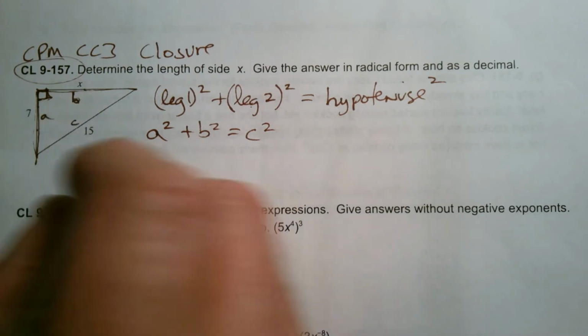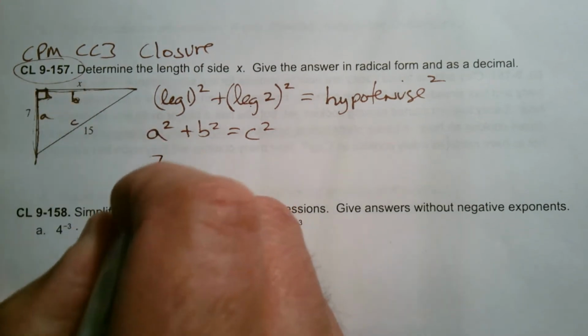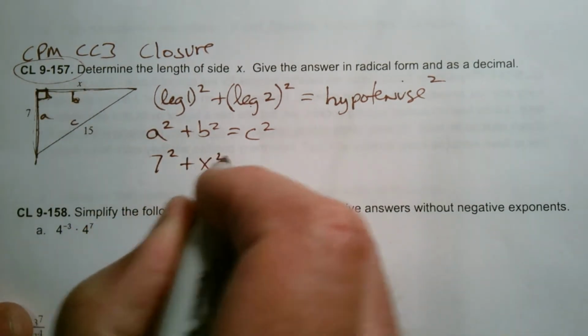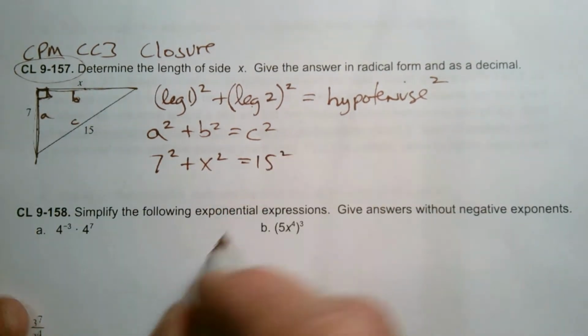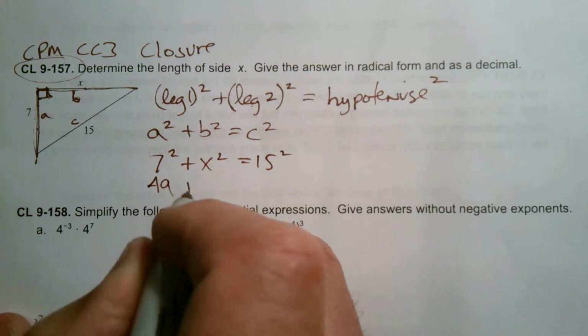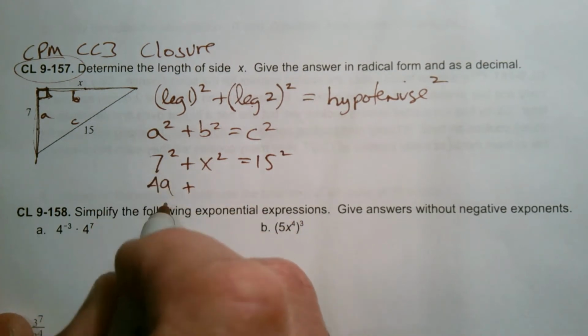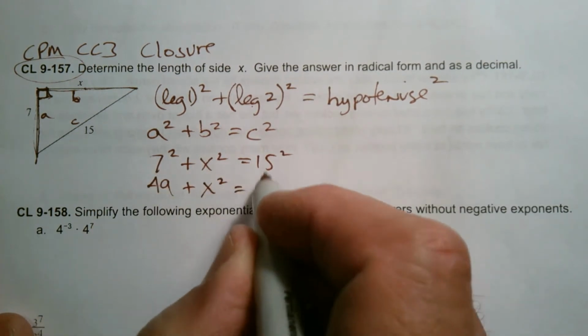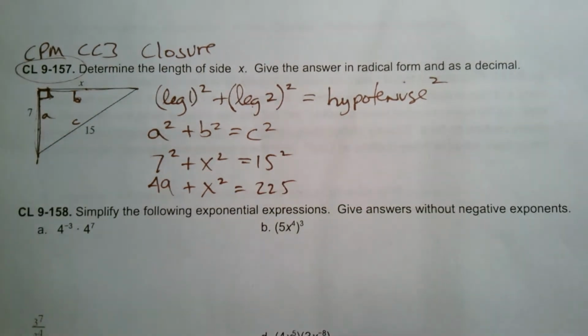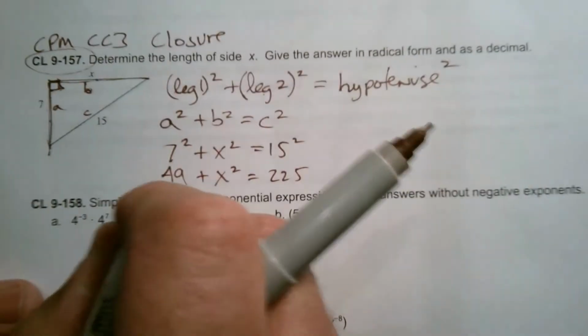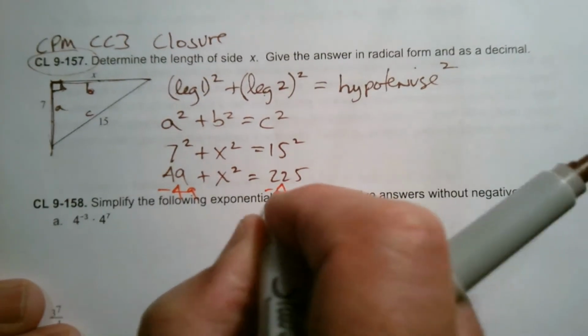So if I'm doing my math, I'll just put in the numbers. It's 7 squared plus x squared, that's what I don't know, equals 15 squared. So this is 49, 7 squared, remember 7 times 7, 49, plus x squared equals 15 times 15 is 225. If I'm solving this equation for x, I would subtract 49 from both sides.